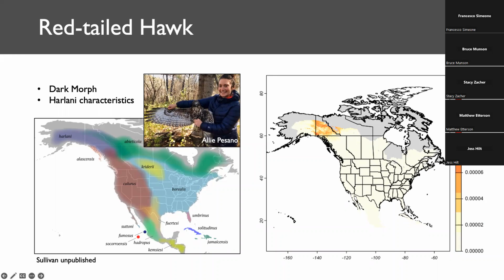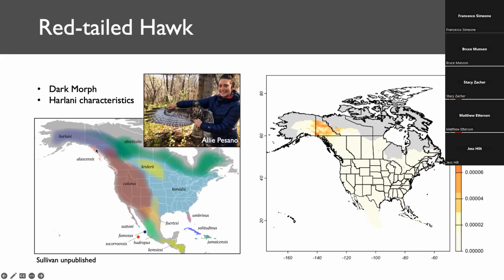If we look at this map on the left here, the suspected breeding range for Harlani is shown here in purple, which extends down from Alaska into the Yukon, and even down into British Columbia and Alberta. Then if we look at the isotope assignment, we had the highest probability up here in the Yukon, which is definitely within the Harlani range.